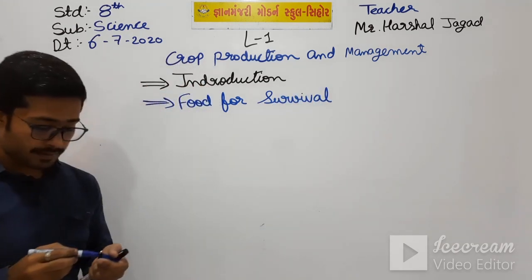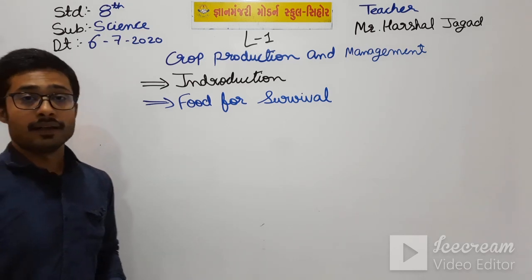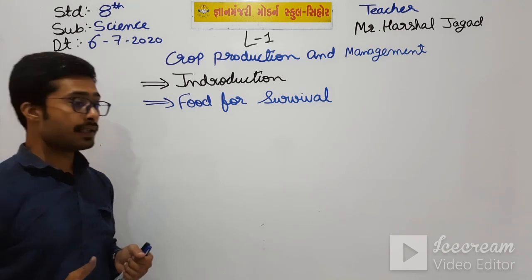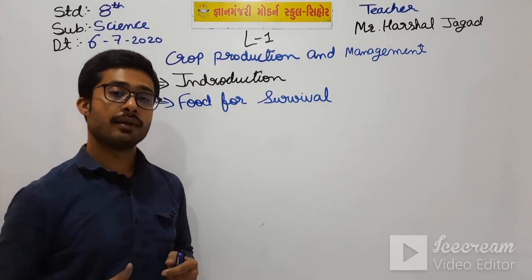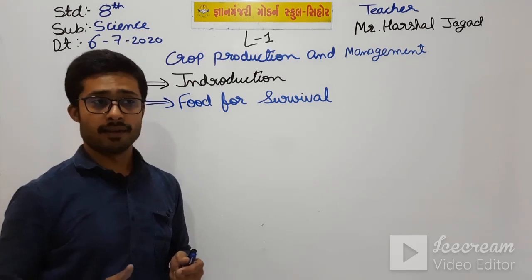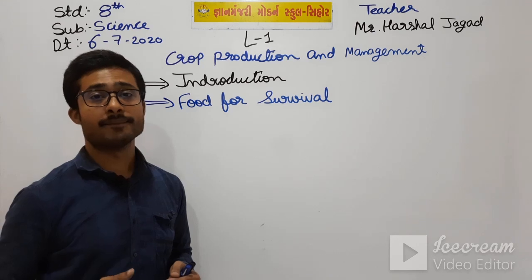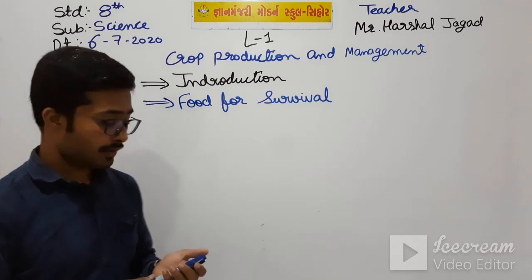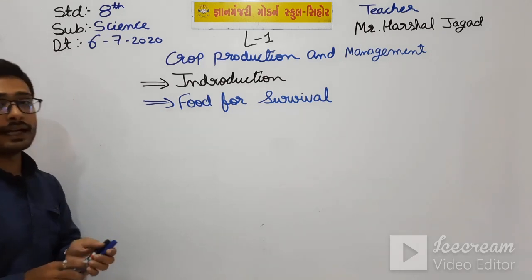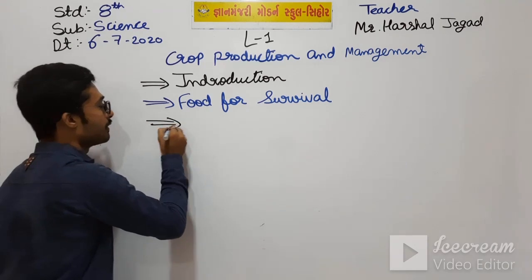In this we saw how food is needed in our life. Without food our body can't get energy, and if our body can't get energy, we can't work. And the third point was food from the plants.